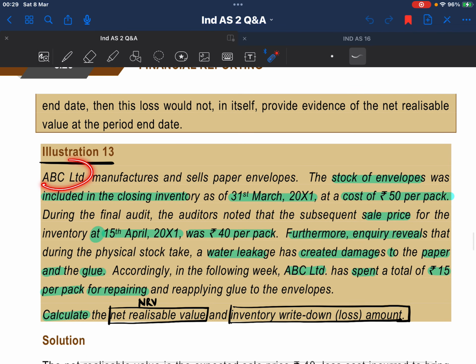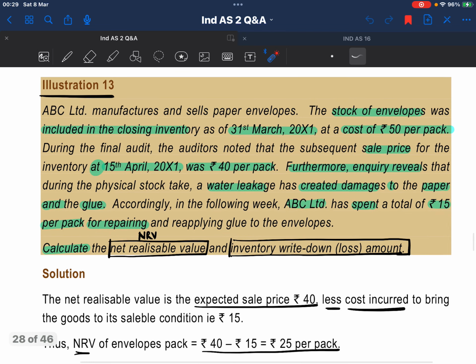Illustration 13. ABC Limited manufactures and sells paper envelopes. The stock of envelopes, including the closing inventory on 31st March 20x1, is at a cost of ₹50 per pack. The sale price at 15th April 20x1 was ₹40 per pack. Furthermore, inquiry reveals water leakage damaged paper and glue. ABC Limited spent ₹15 per pack for repairing.